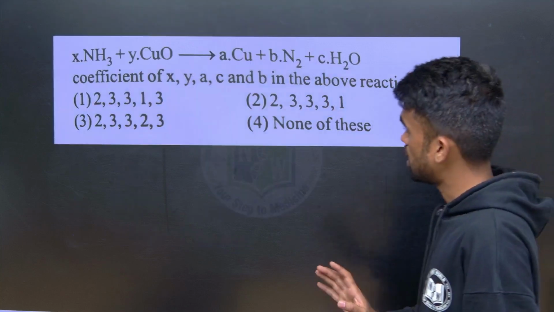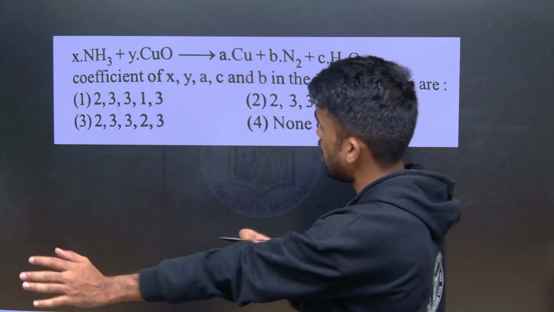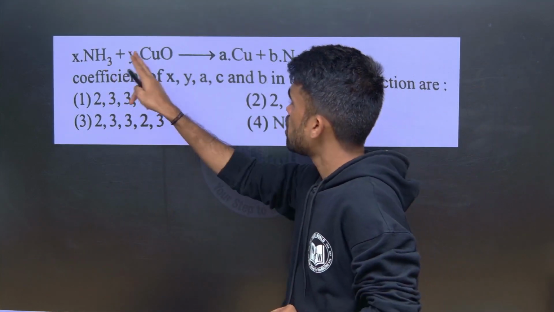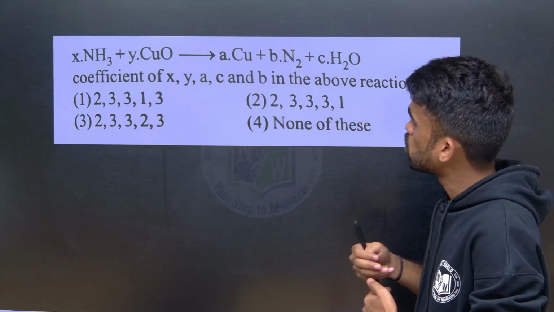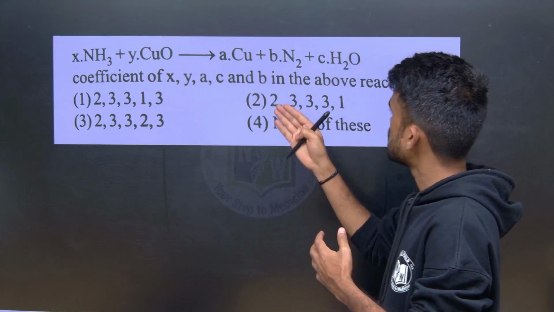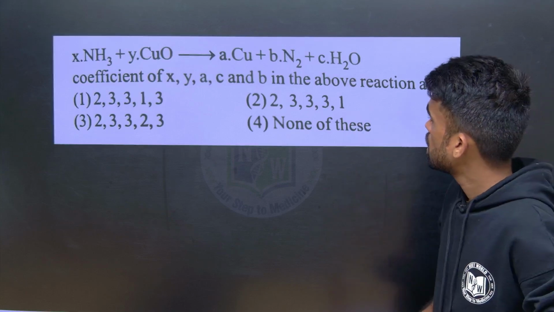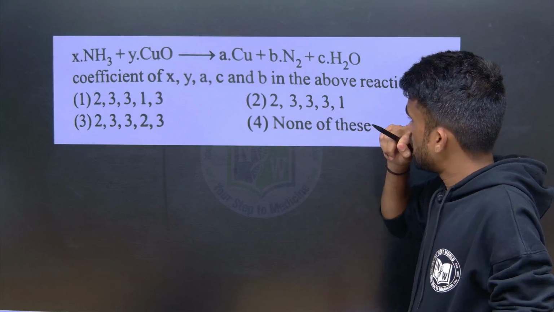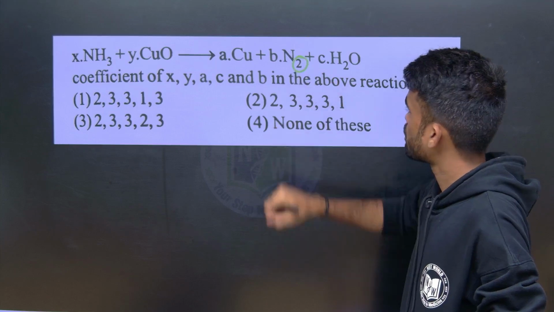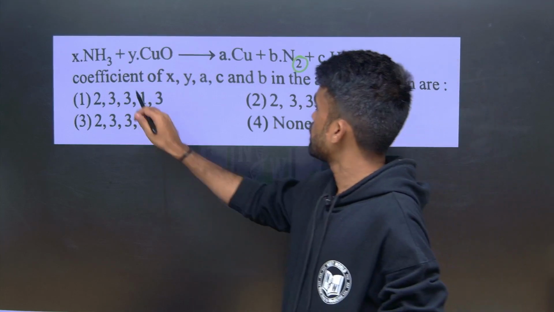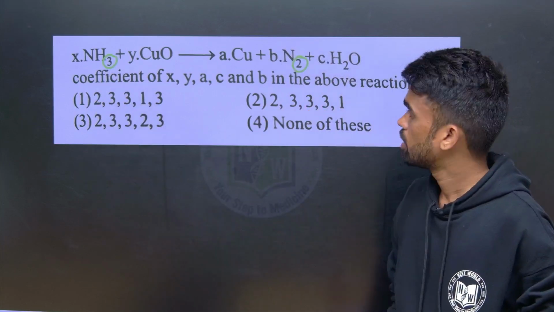Okay, just remove it. Okay, next here we have ammonia, copper oxide giving copper plus N2 plus H2O. So what are the coefficients X, Y, Z, A, B, C in this case? Okay, so now look here. So it is forming N2. Okay, and here we have 3, right?